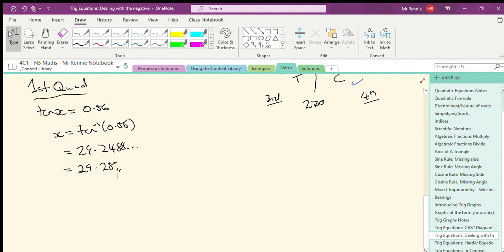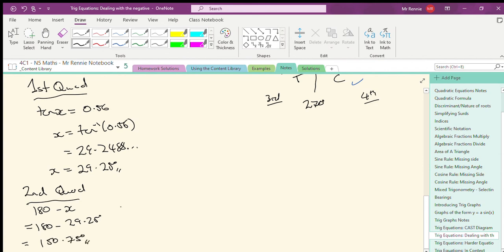My first solution lies in the second quadrant. The rule says it's 180 minus my answer x. So that's 180 minus 29.25 degrees, which gives me 150.75 degrees. So my first answer is 150.75 degrees. Let's move over to the fourth quadrant.